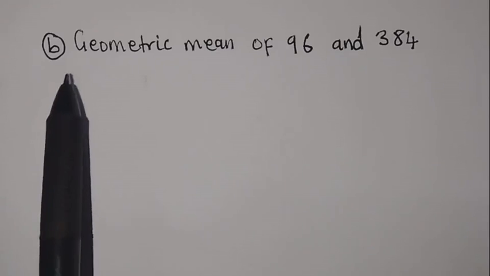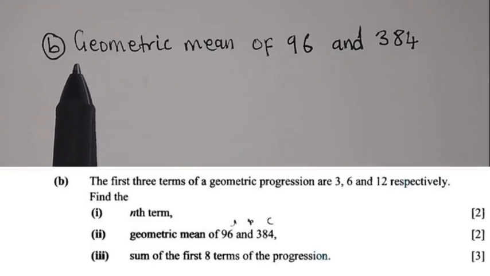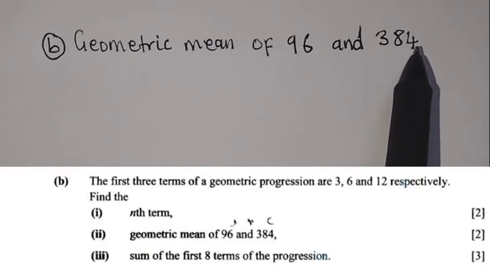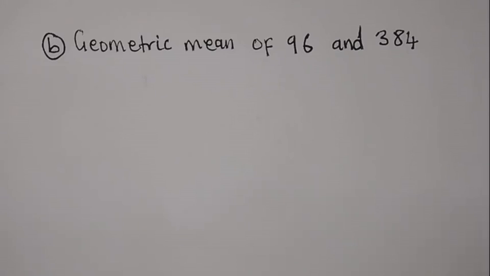We've now come to question B, where we were asked to find the geometric mean of 96 and 384. So how can we find the geometric mean?